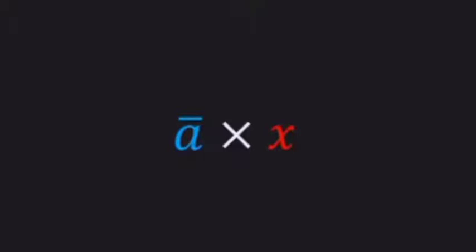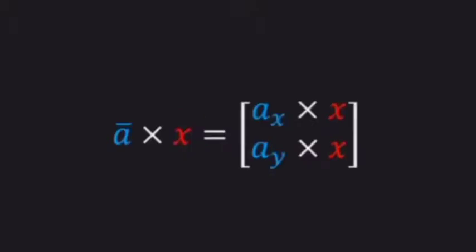So let us now move on to the scalar operations. When we say scalar operations, these are the operations that can be made between a vector and a scalar. For example, if we're going to multiply vector A with the scalar x, or divide vector A by the scalar x, in doing that, we are going to multiply each element in the vector by the scalar x.